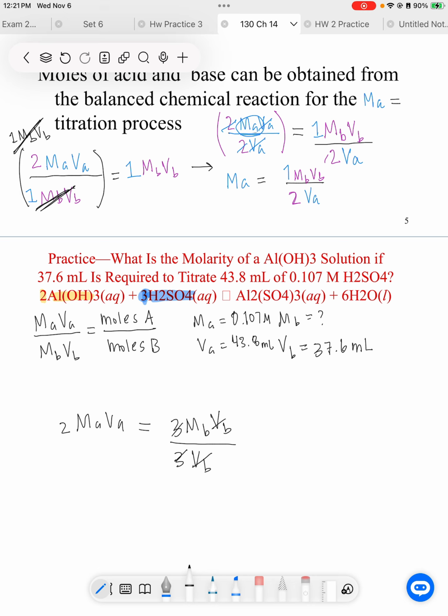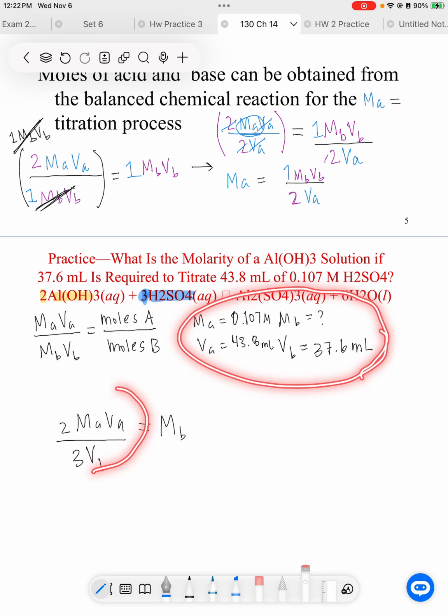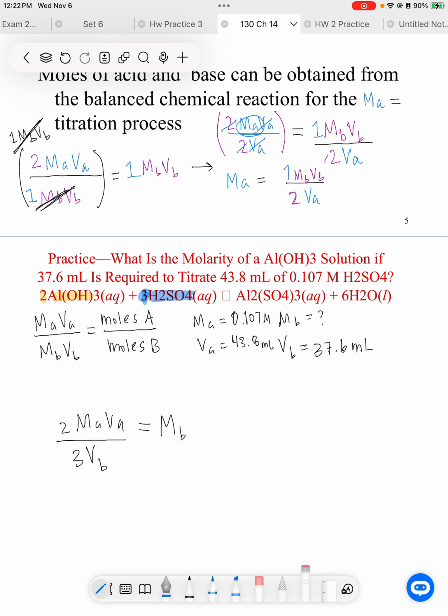And what we do on this side of the equal sign, we do on this side. 3VB. Now those are crossed out. And we are left with MB. Now that you have isolated your variable, all you have to do is plug in all of these variables into their variables. I call this plug and chug, and it's my favorite part.